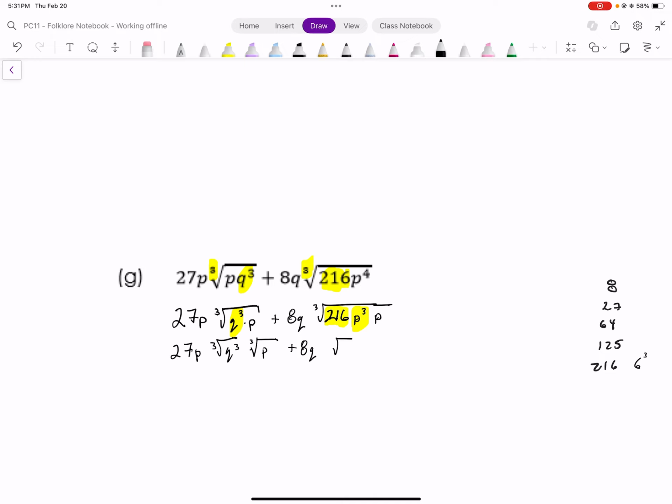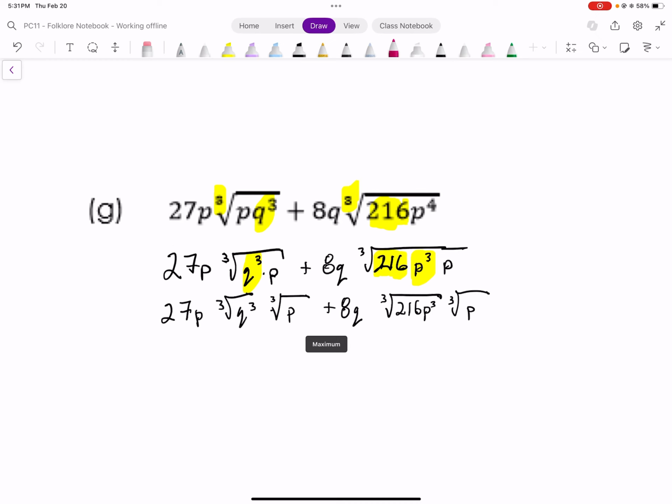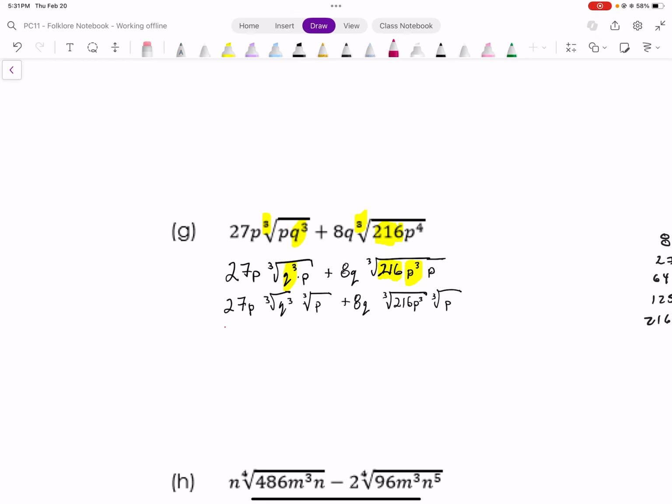Now, I'm going to split this up into the cube root of 216 p cubed times the cube root, now I better include my index, of p. Now, I'm just going to maybe simplify things that I can. So this is 27p. I'm just going to leave that as it is. Now, the cube root of q cubed is q. Now, the cube root of p is just simply the cube root of p plus 8q.